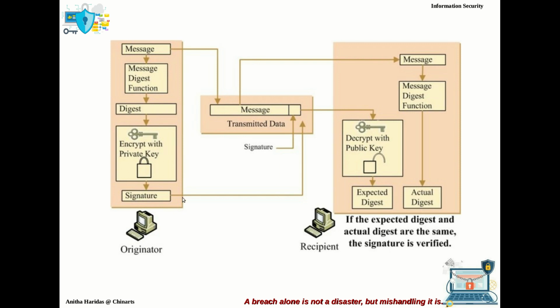Now the sender will send the original message and the signature to the receiver. So two documents are sent now. The receiver will receive the message and the signature as two different documents, and this message will again be given to the cryptographic hash function, which will generate an actual digest, and the signature given to the decryption algorithm along with the public key will also generate a message digest, and this message digest will be compared with the other message digest.